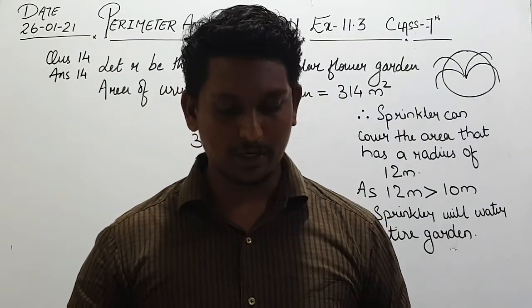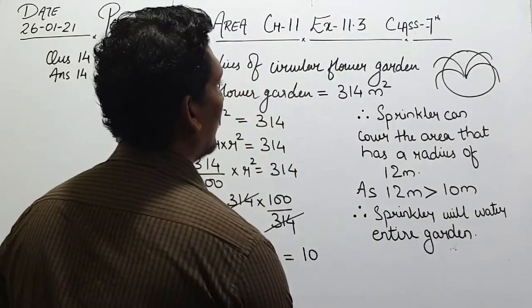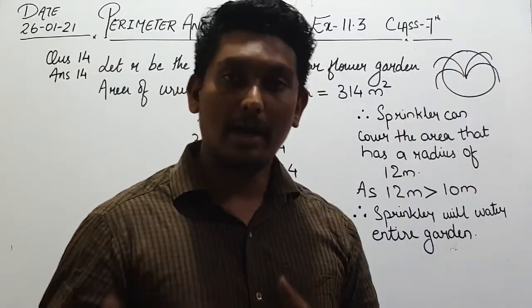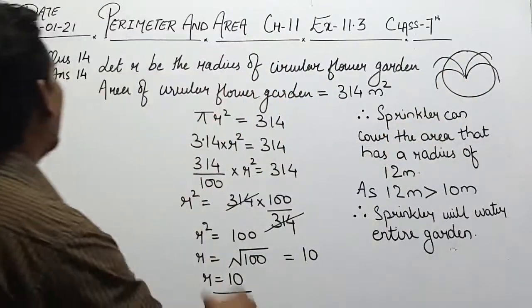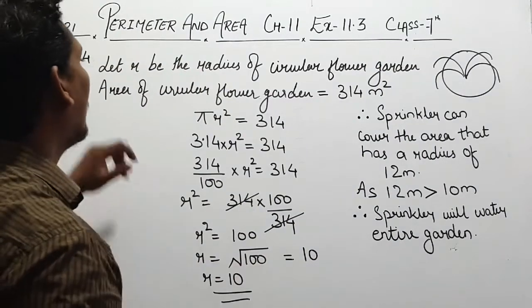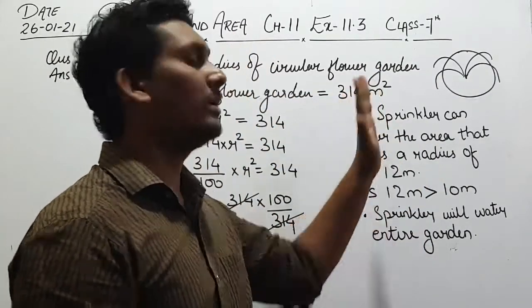So will the sprinkler water the entire garden or not? We have to find out whether this sprinkler will water the entire garden. It's a circular shaped garden. So first, let R be the radius of the circular flower garden. Now the area of the circular flower garden is already given, that is 314 meters square.